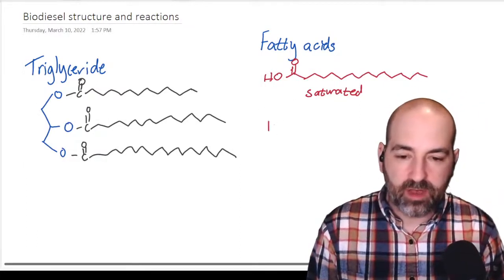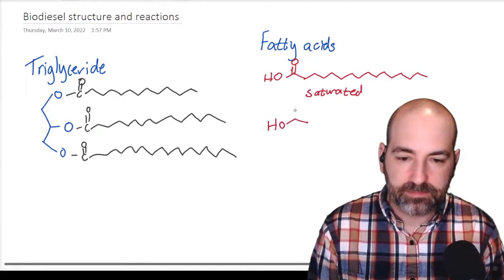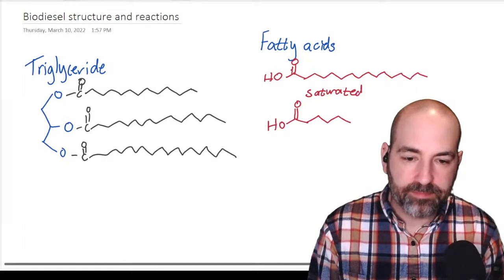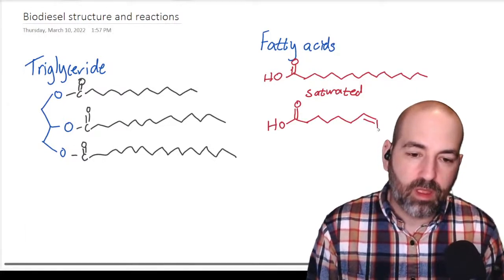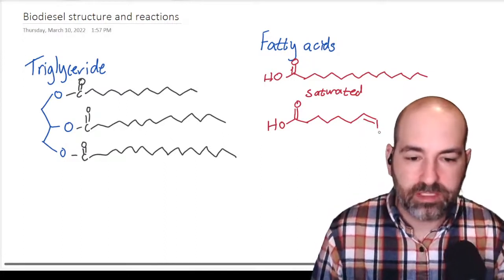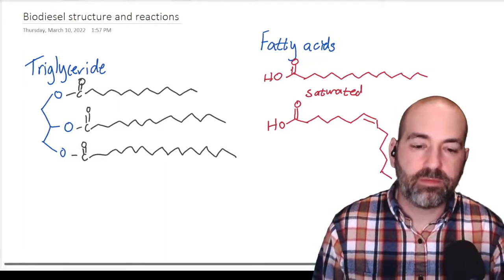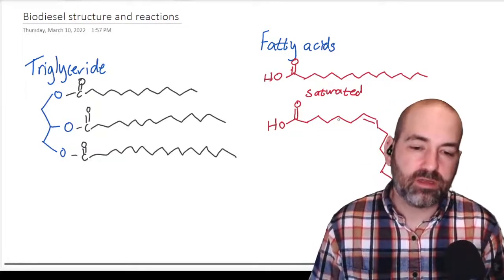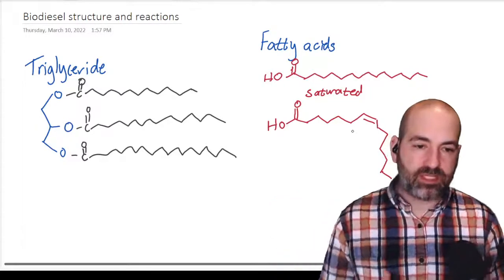And then we can also have unsaturated fats where there's a double bond in there. And the geometry of the double bond is such that it kind of changes the structure because double bonds can't rotate the way that single bonds do. So when a double bond is in a chain like this, it kind of makes that chain turn a corner.